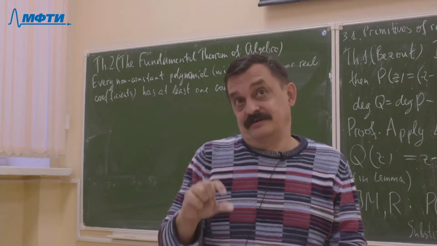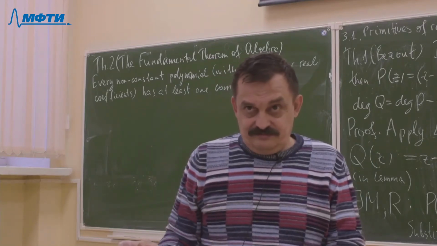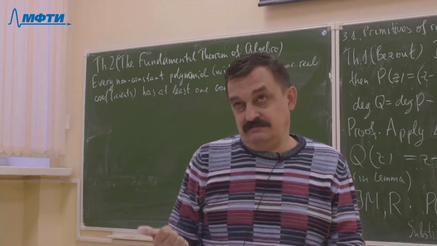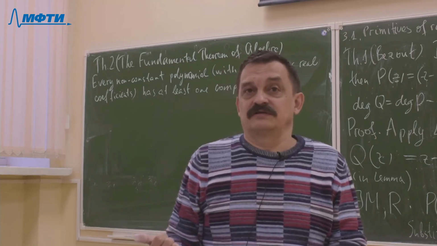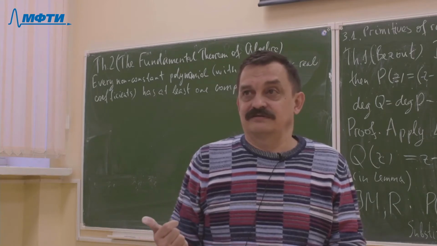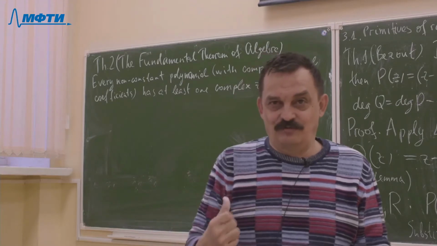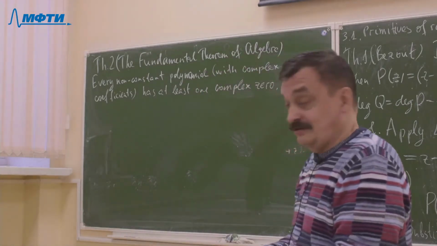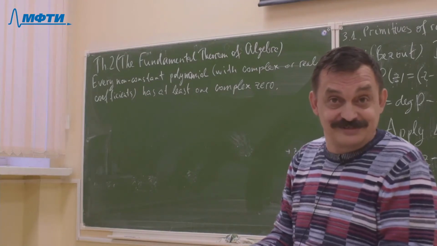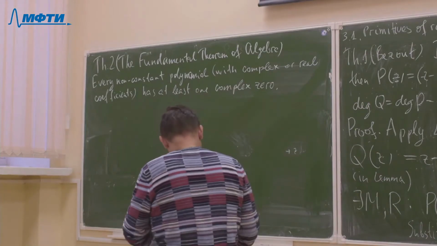But it will be considered later. In fact, I think next year we'll consider it. After that, the proof will be correct. But at the moment, it is not correct yet. But I don't want to give that theorem without proof. That's the reason why I prefer to give it. Okay, let's have a break.